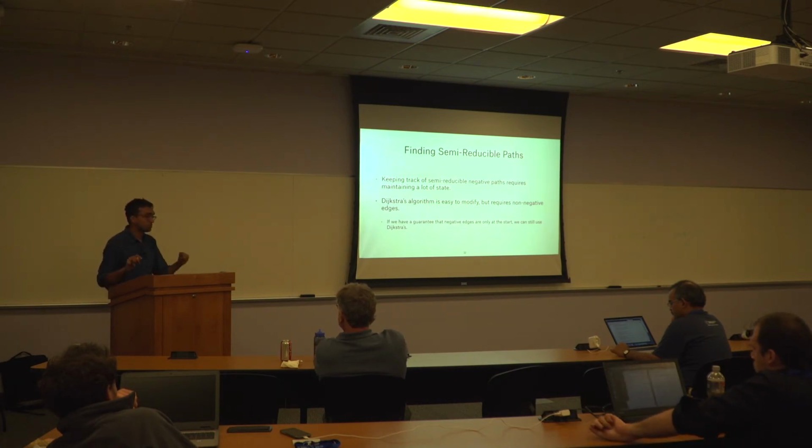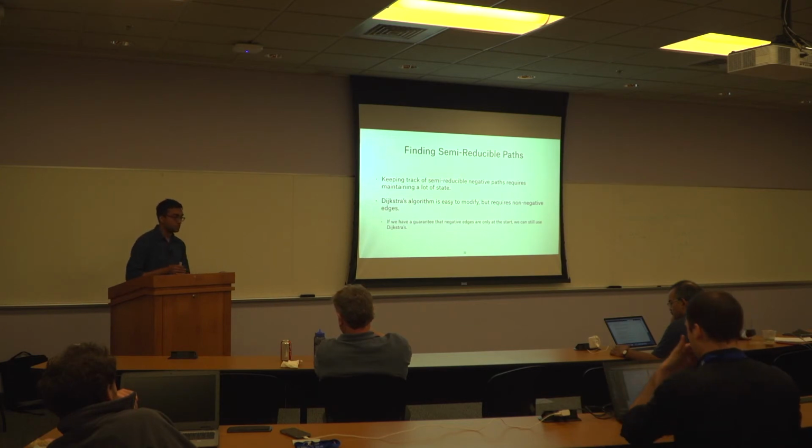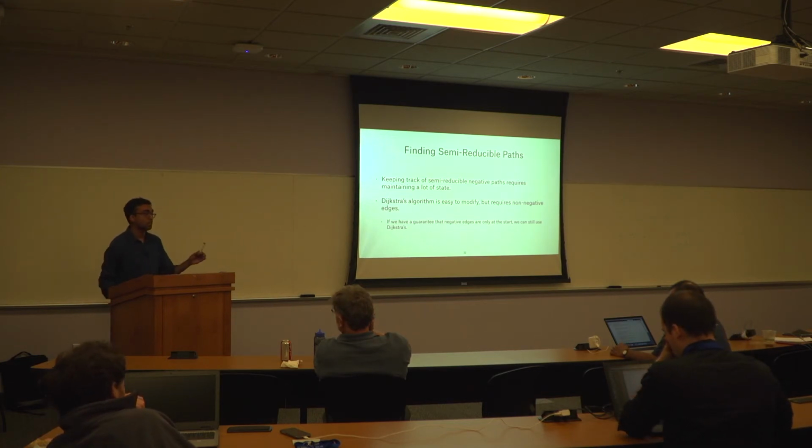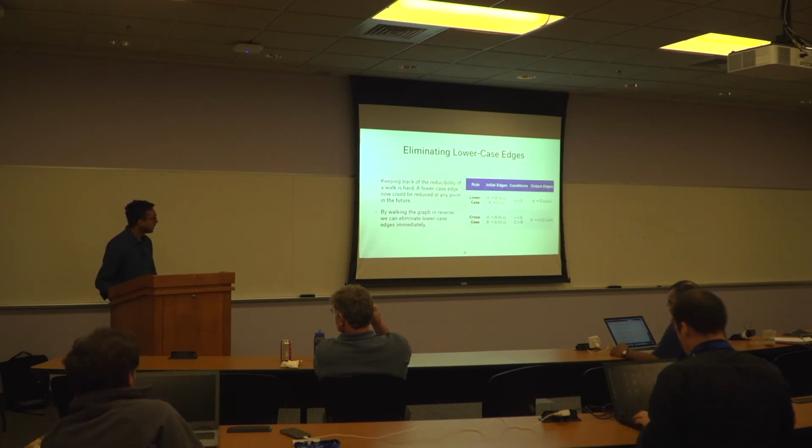So one caveat: if we can provide a guarantee to Dijkstra's algorithm that the only negative edges it will see are the ones that are immediately connected to the starting node, then Dijkstra's algorithm still works fine. So this is one caveat that we can use to sneak Dijkstra's algorithm in a little bit if we use it multiple times.